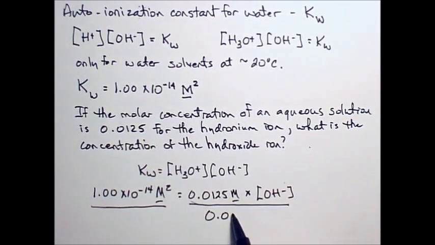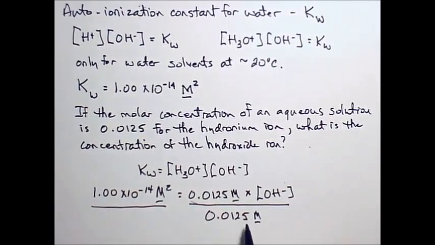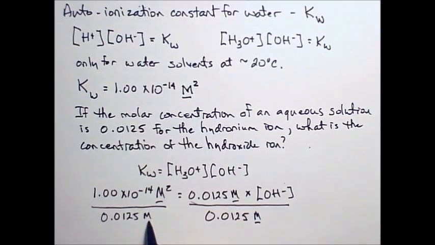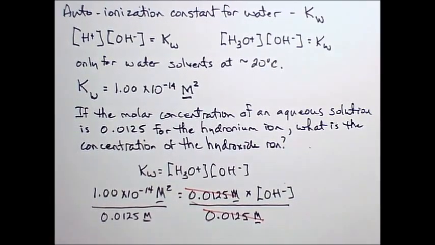So 0.0125 molar. And what we do to this side, we've got to do to the other side. 0.0125 molar. So this entire term here is going to cancel out. Remember, molar squared. What does squared mean? It means you're multiplying this term by itself, right?